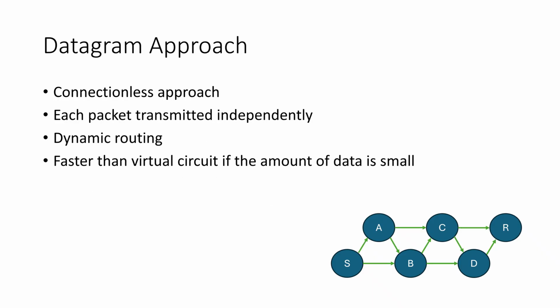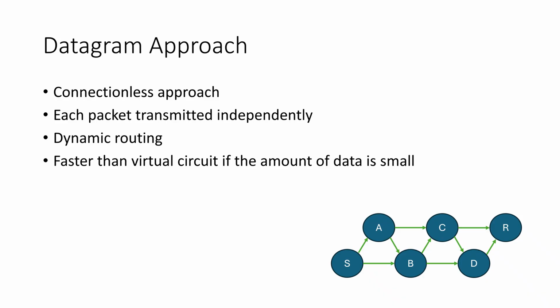Now, the datagram approach is a connectionless approach. No route is established before communication, and packets are transmitted independently and thus may take different paths and may arrive out of order. Some packets may be lost if a node crashes. In this case, the routing is dynamic. That is, every intermediate node has to take routing decisions dynamically for every packet.